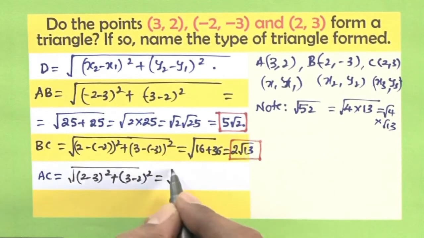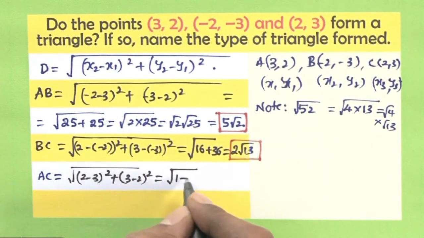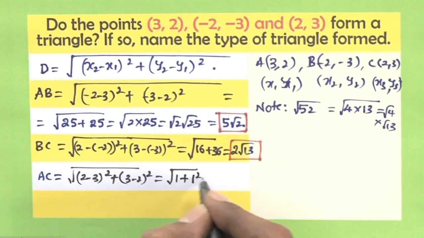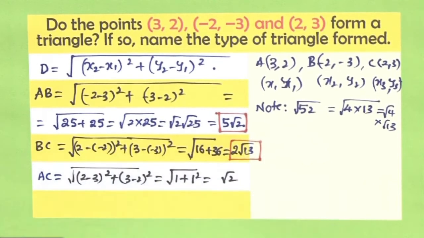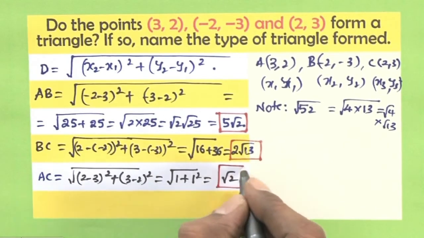So that is equal to square root of minus 1 whole square, which is 1, plus 3 minus 2, that is 1, 1 whole square is 1. That is equal to root 2. We got AC as root 2.